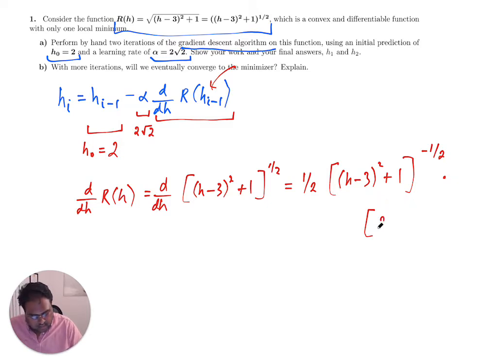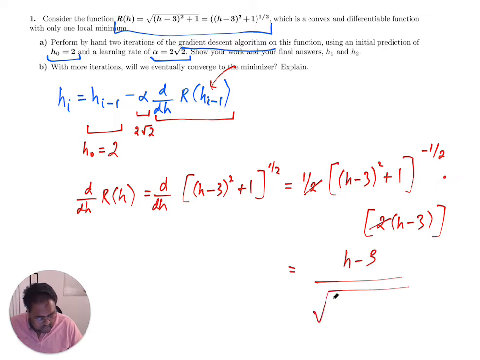And in this case, that's 2 times h minus 3. Now I can simplify this. Notice this 2 on the denominator and this 2 on the numerator cancel out. And so I'm left with h minus 3, all over the square root of h minus 3 quantity squared plus 1.